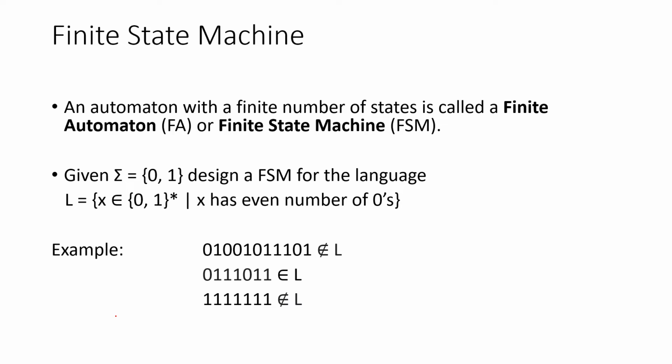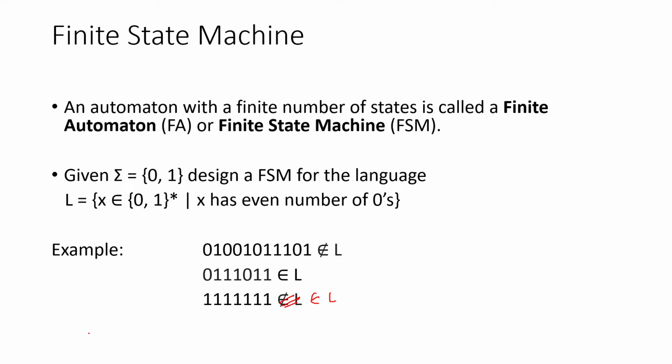The number of zeros in this particular string is basically 0, and since we consider 0 as an even number, this should be in the language. So this is wrong, it should be in the language.